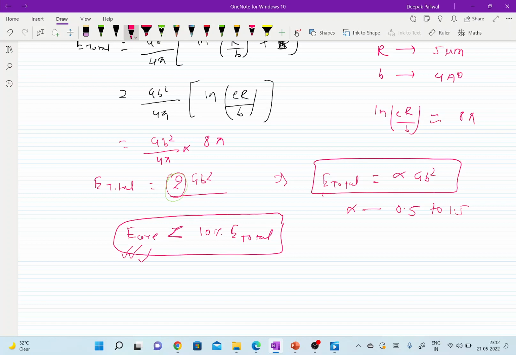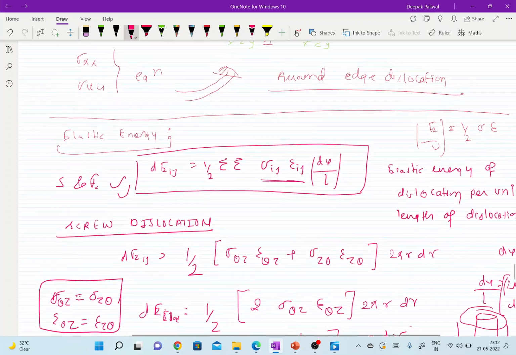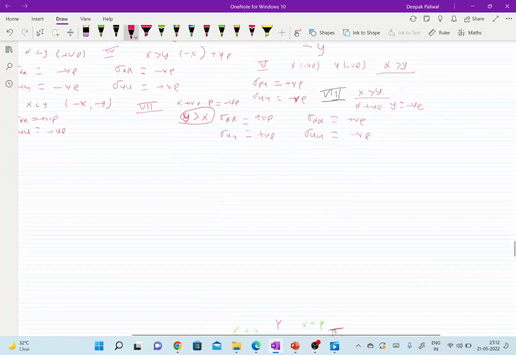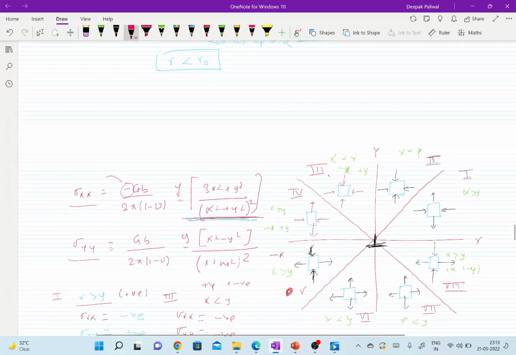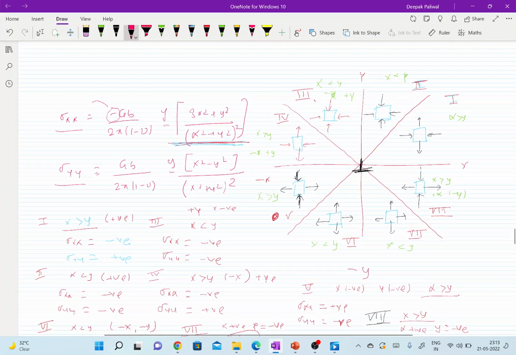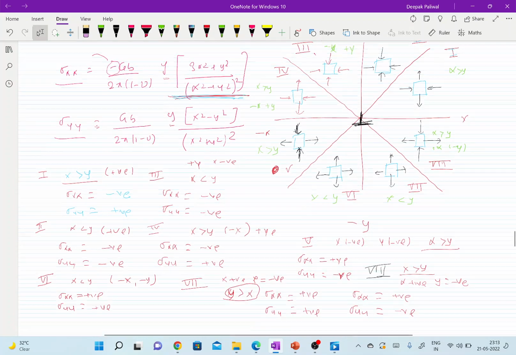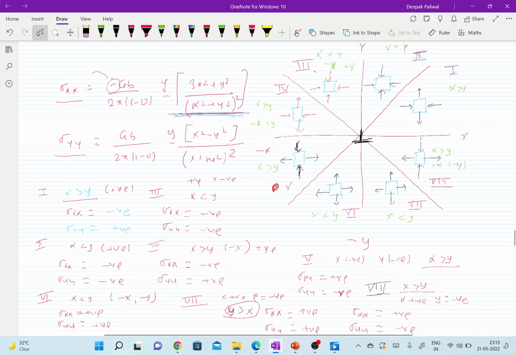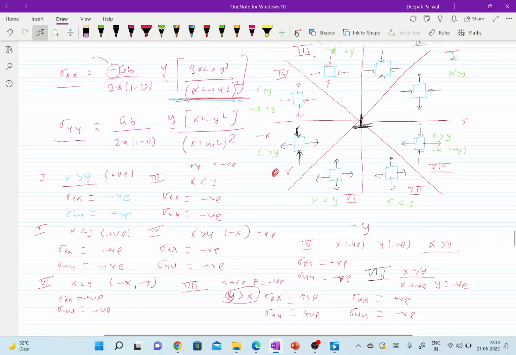So in this lecture we have learned about the stress field around edge dislocations. We haven't derived the equations, but we have seen the results.